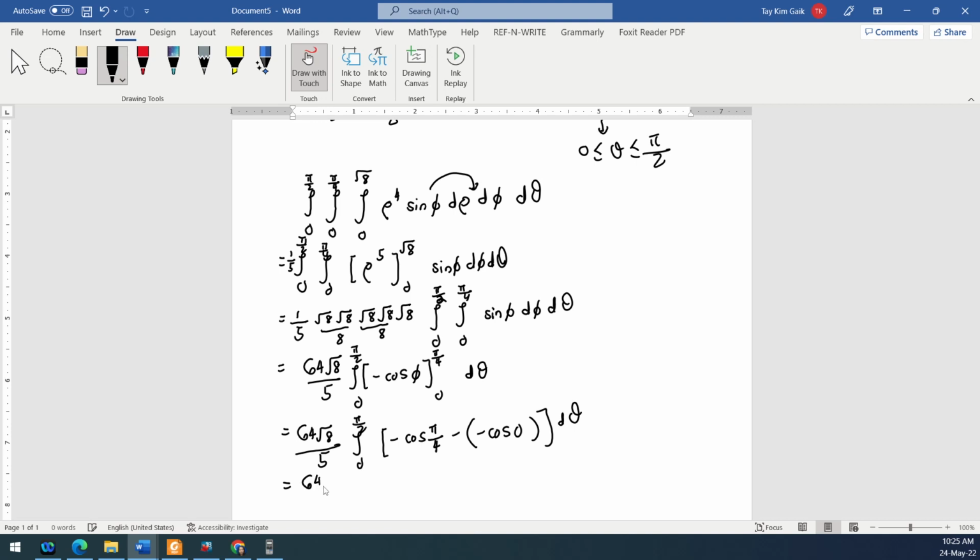Cos pi over 4 is root 2 over 2, so this is negative root 2 over 2. Cos 0 is 1. Negative, negative, so you plus 1, d theta.